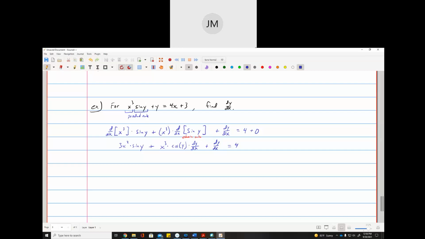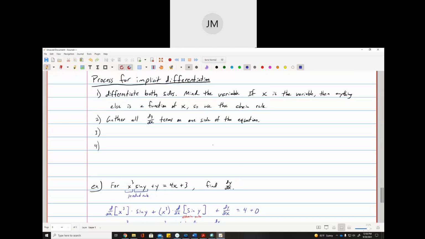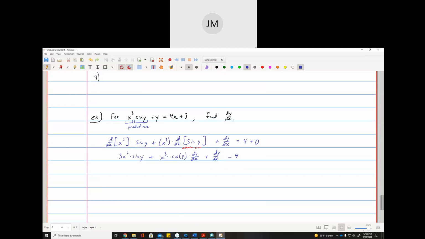Okay, so since I have dy dx show up in more than one spot, that's why we have to gather all these dy dx terms. Now in this case, they're already both on the same side of the equal sign. But let's get rid of any extra stuff. So I'm going to subtract the 3x squared sine y from both sides.